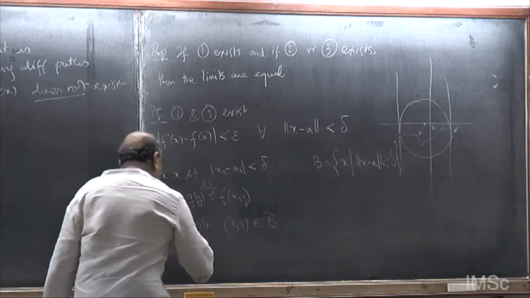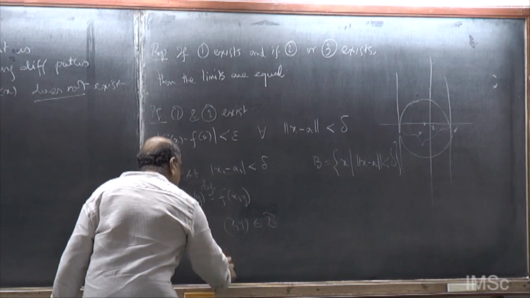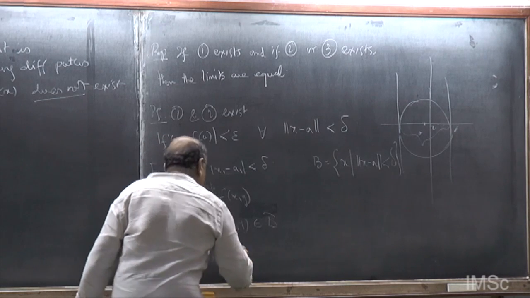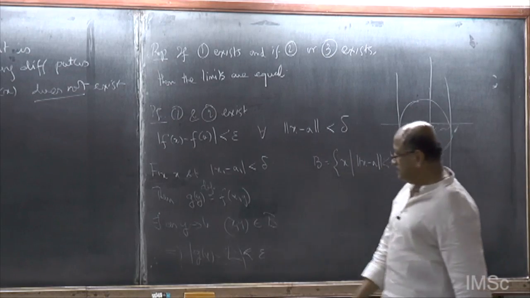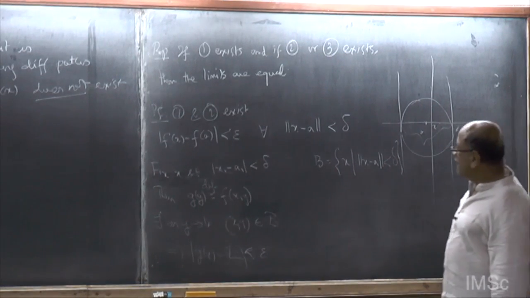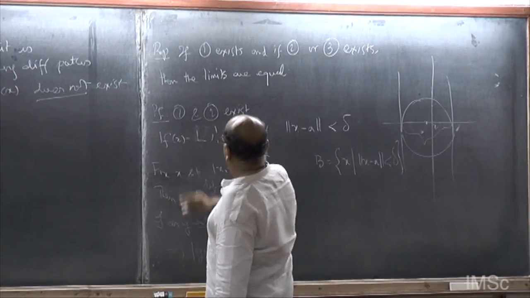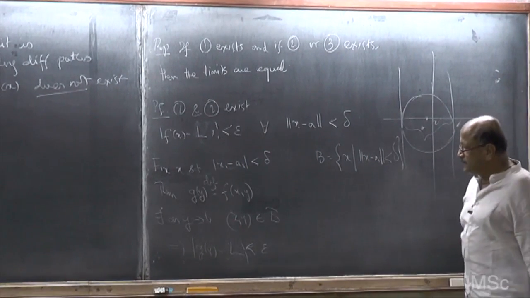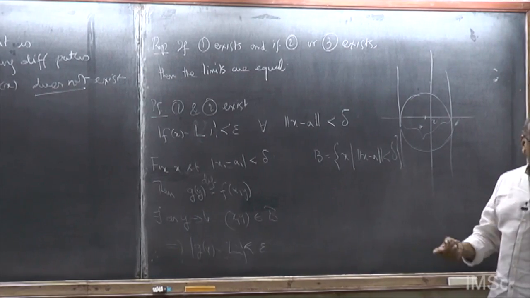This implies mod g of y minus L is less than epsilon. Because the limit is L, it is not f of a, I am not talking of a continuous function, sorry.